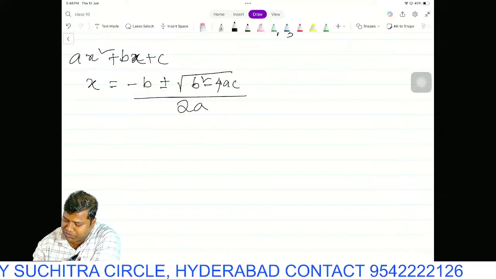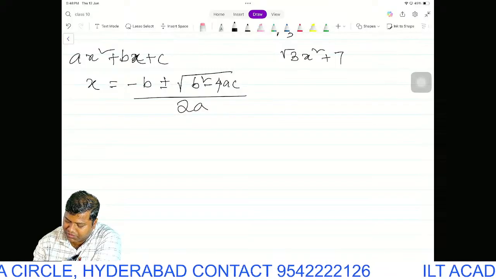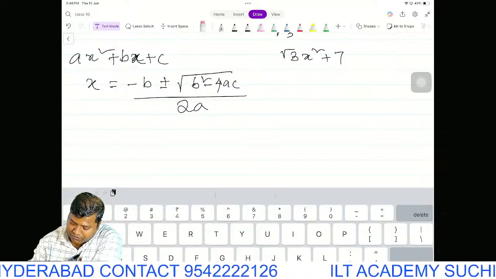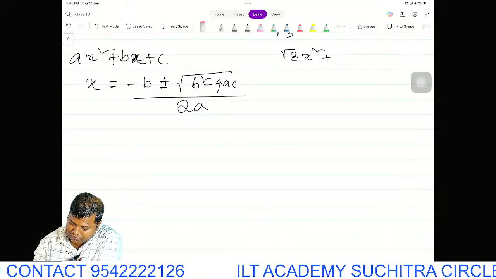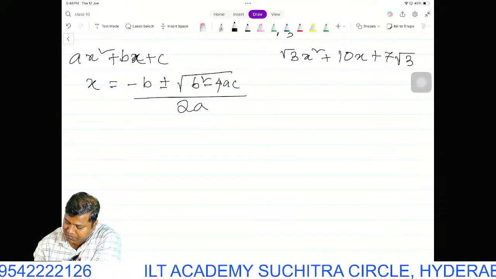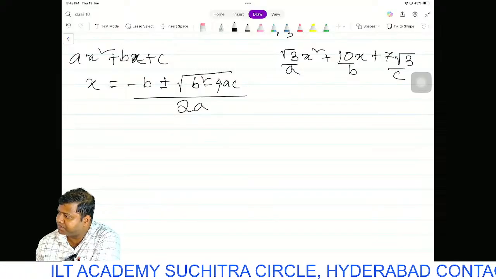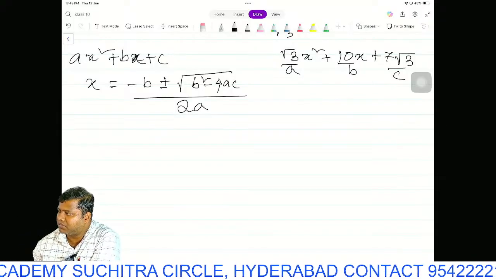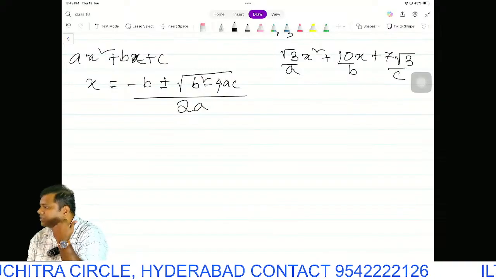See, the polynomial which was given to us was root 3x square plus 10x plus 7 root 3, right? So this is my a, this is my b, and this is my c. If I am not able to factorize this in the exam, sometimes it can happen, the expressions are given in such a way that I am not able to factorize it.